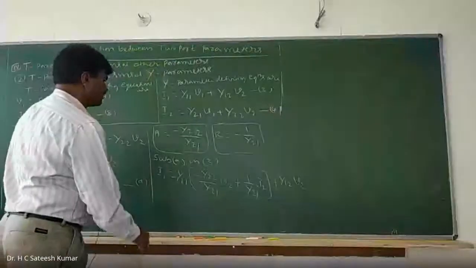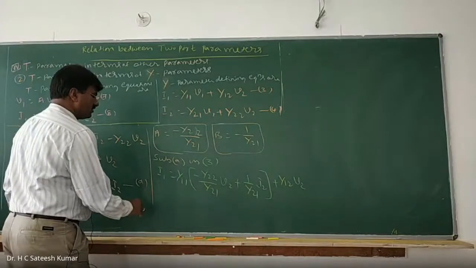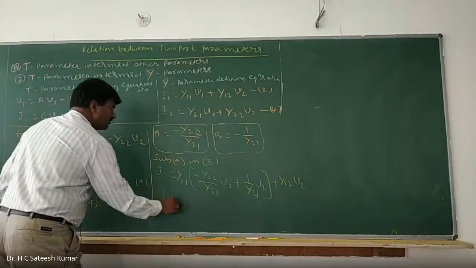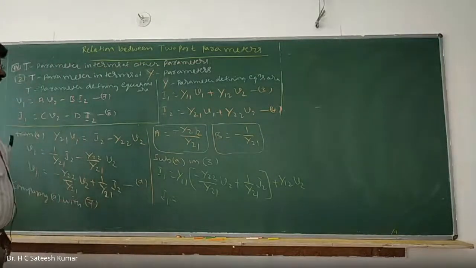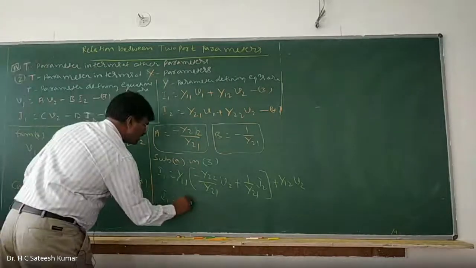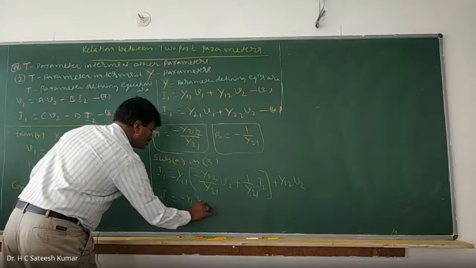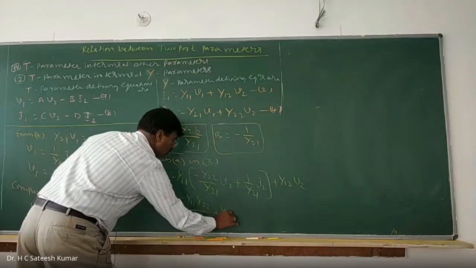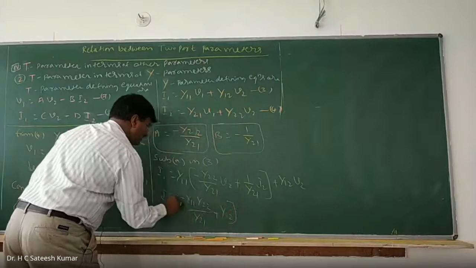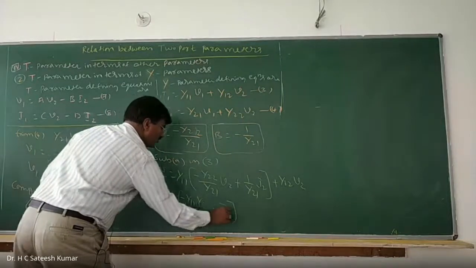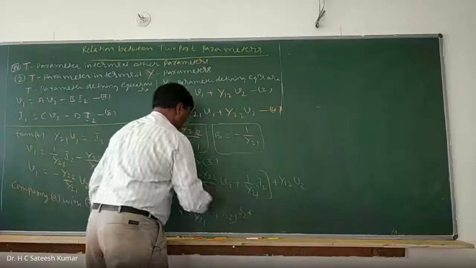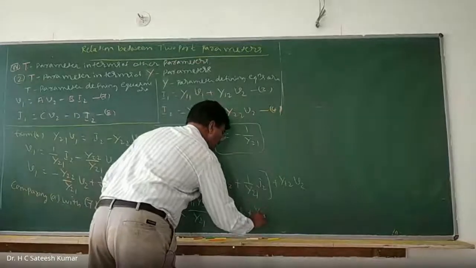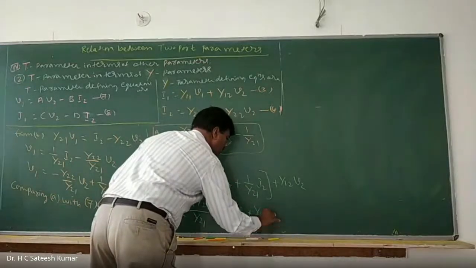Okay, right. So therefore, what can you write? I1 is equal to, group V2 terms. What will you get? Minus Y11 Y22 divided by Y21 plus Y12 whole thing multiplied by V2 plus multiply this Y11 divided by Y21 into I2.